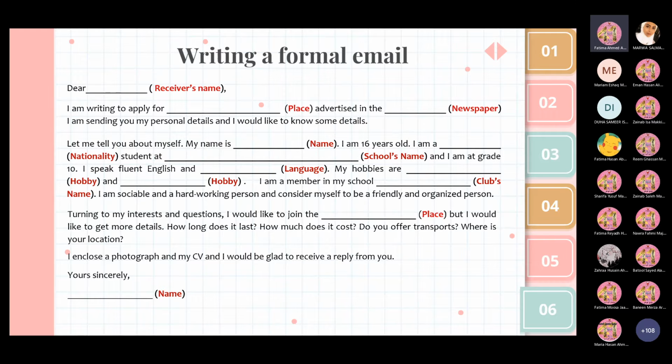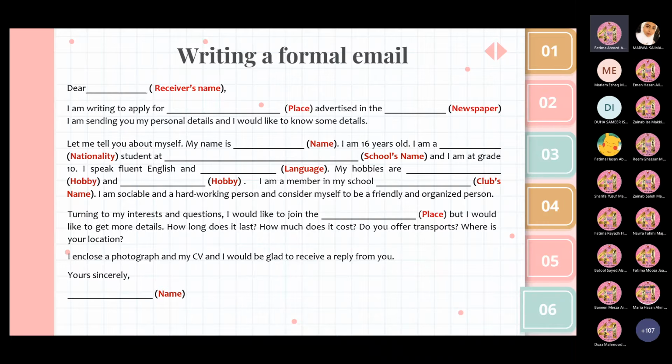And moving to the conclusion, "I enclose a photograph and my CV, and I'd be glad to receive a reply from you." That's all in black, right? So again, you won't need to change. And lastly, "Yours sincerely", plus the comma for sure, followed by your signature, which is basically your name.